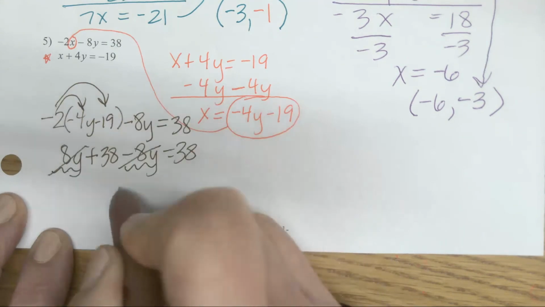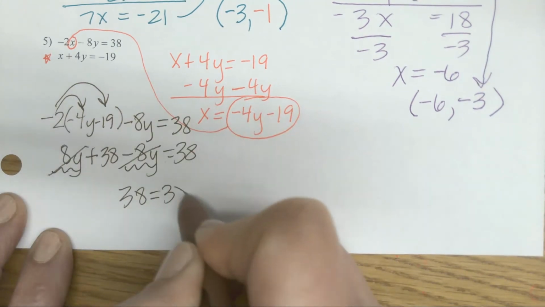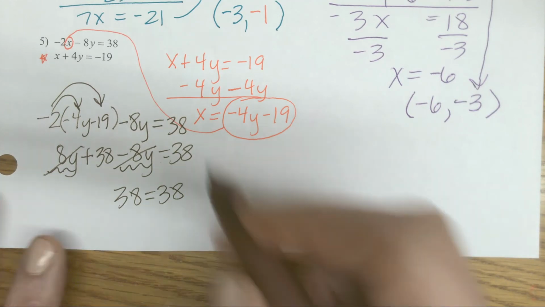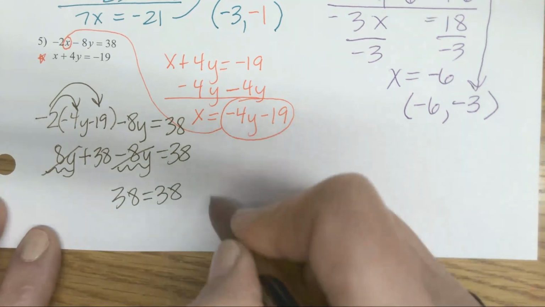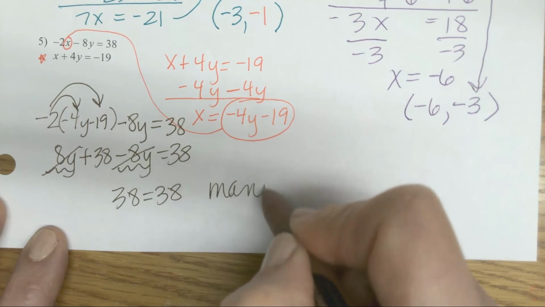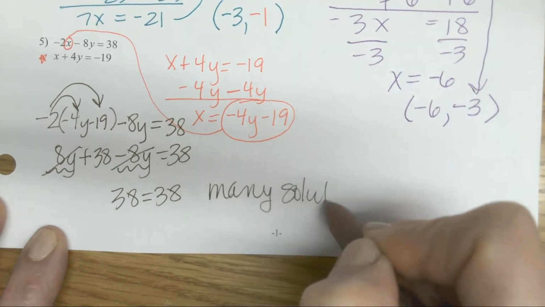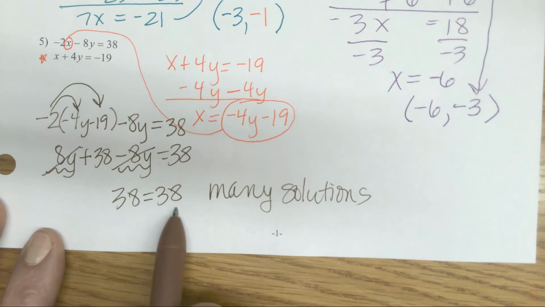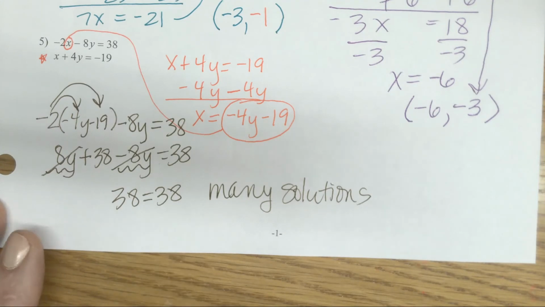So I'm left with 38 equals 38. What the heck does that mean? So this is many solutions. What would happen if it was 10 equals 38? That would be no solutions, right.